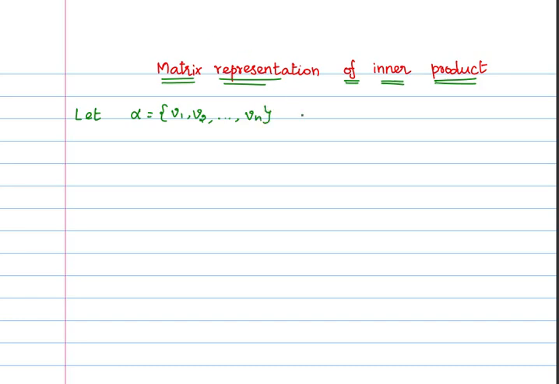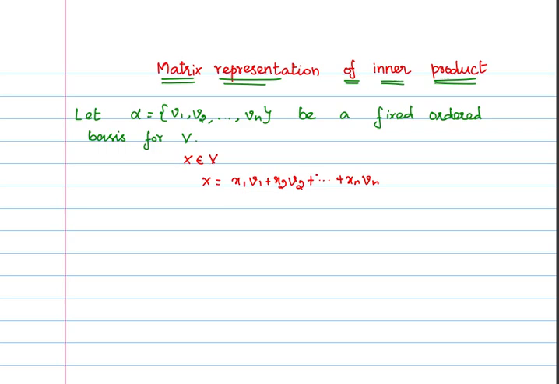Let it be a fixed ordered basis for a vector space, some inner product space V. Then suppose you have a point x belonging to the vector space V, then you can represent x equal to x1 times v1 plus x2 times v2 and so on, xn times vn. Here all xi are scalars.